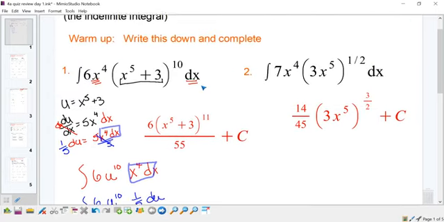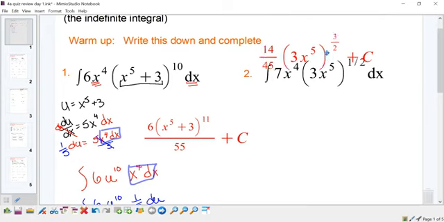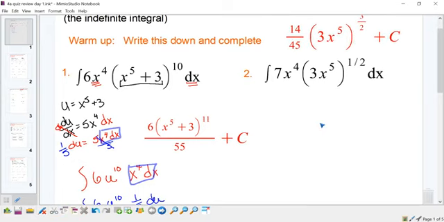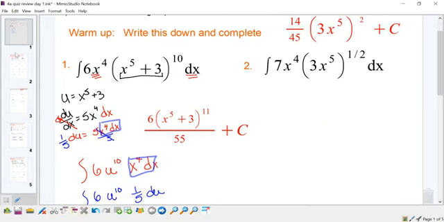And that matches the typed answer. I'm going to do the same thing for number 2. I'm going to make u 3x to the 5th, which means du dx is 15x to the 4th. It's 3 times 5, subtract 1 from the power.